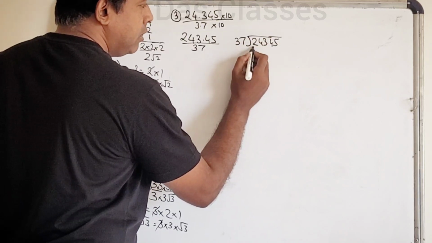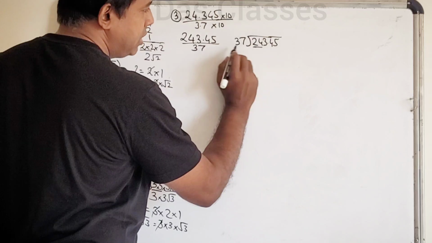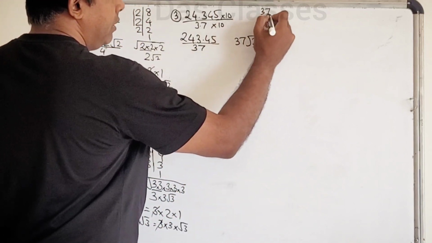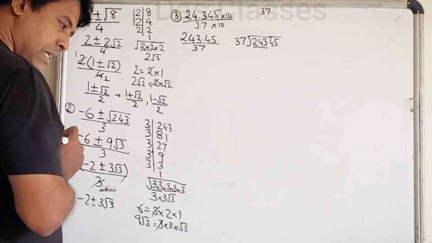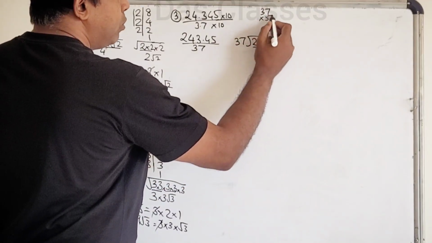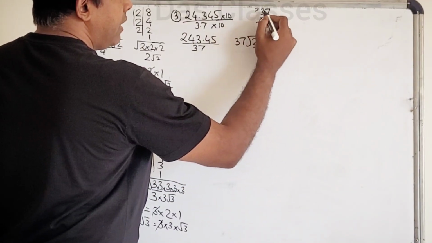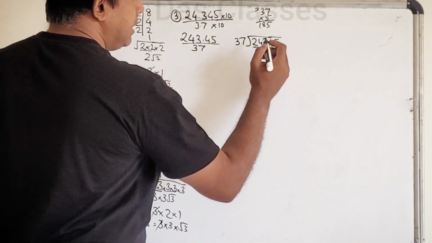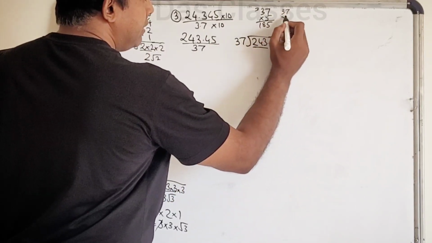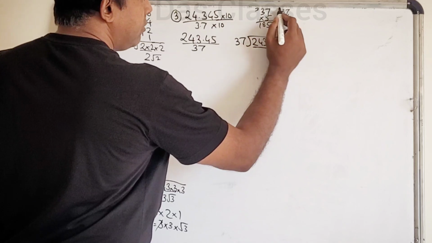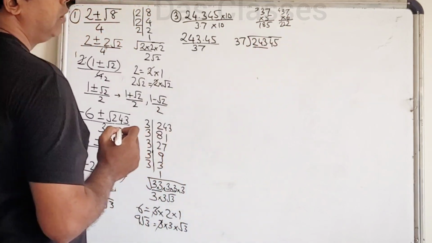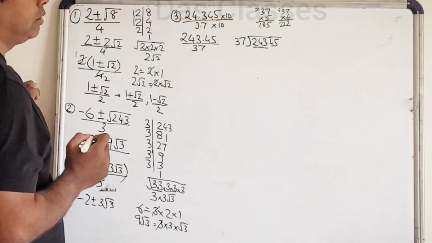The first one digit, it's not divisible. Two digits, it's not divisible. You have to take three digits, so you just divide it. 37 5s: 7 5s are 35, 185, smaller than 243. Let's take the next number, 37 into 6: 7 6s are 42, 6 3s are 18, 222, still smaller.